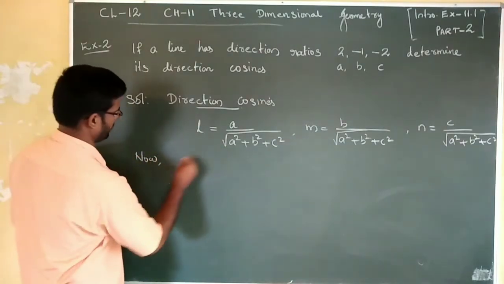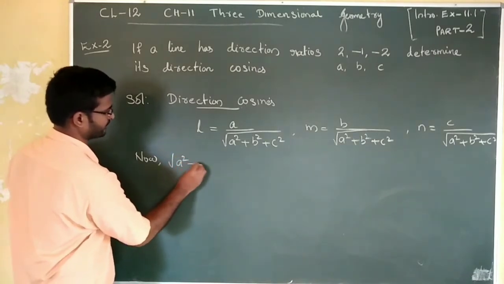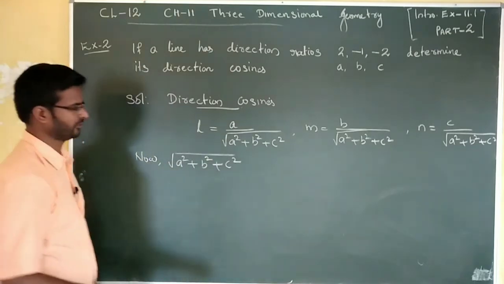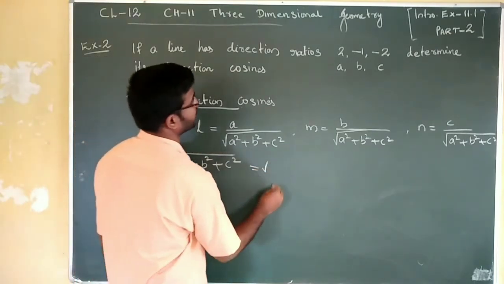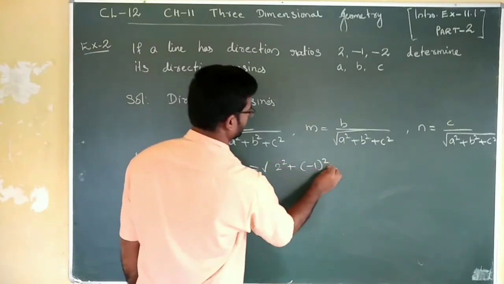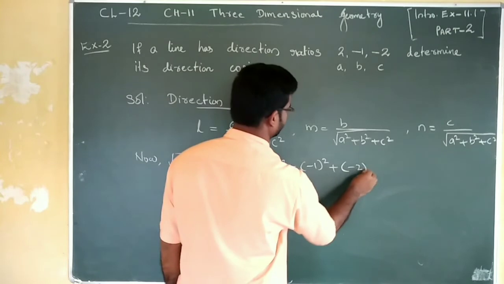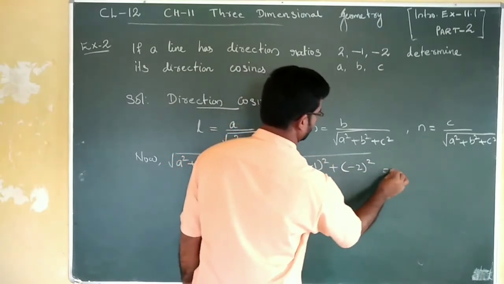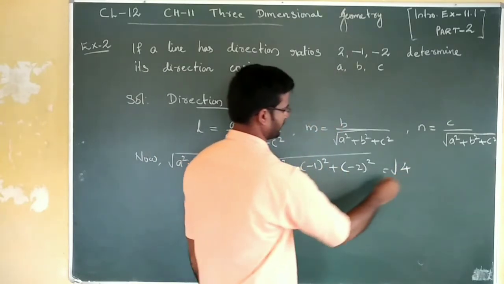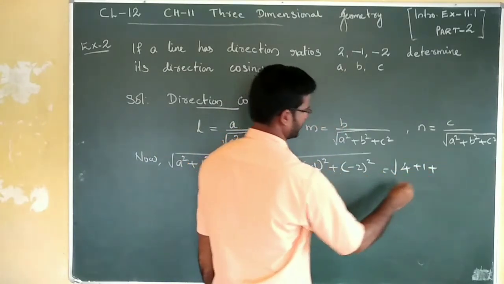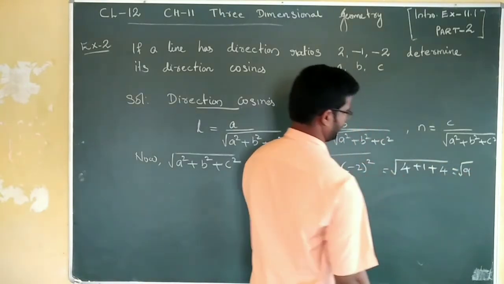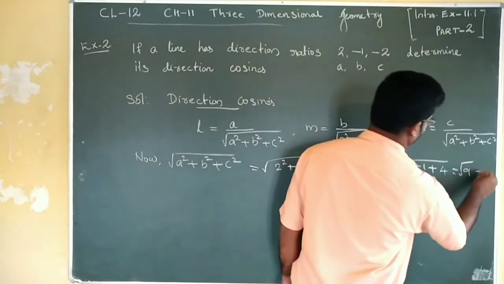Now we can find this denominator separately. Square root of a square plus b square plus c square: a square is 2 square, b square is minus 1 square, c square is minus 2 square. Square root of, what will you get? 2 square is 4, minus 1 square is 1, minus 2 square is 4. Equal to root 9, isn't it? 4 plus 4, 8, plus 1, 9, equal to 3.